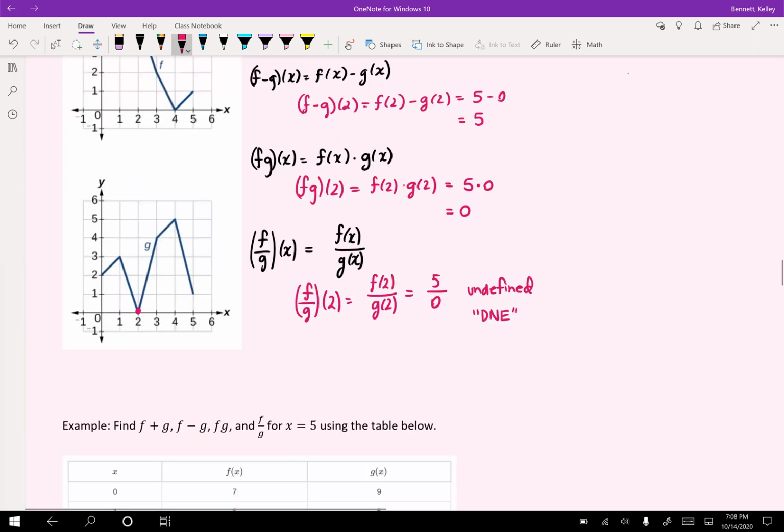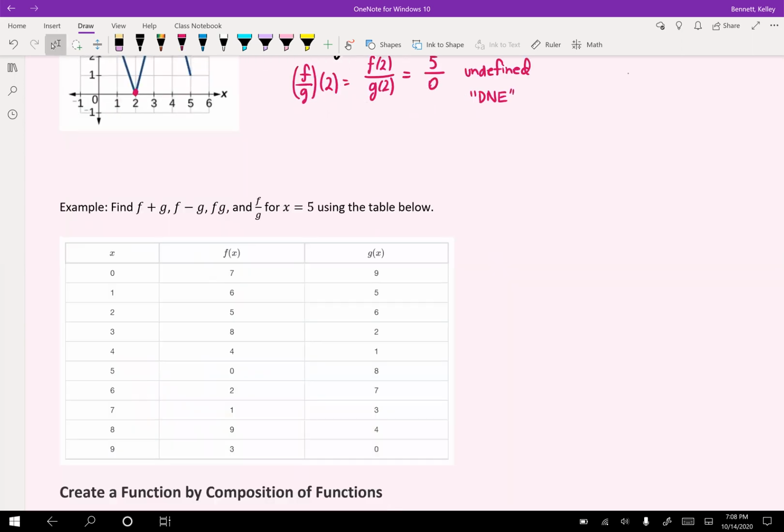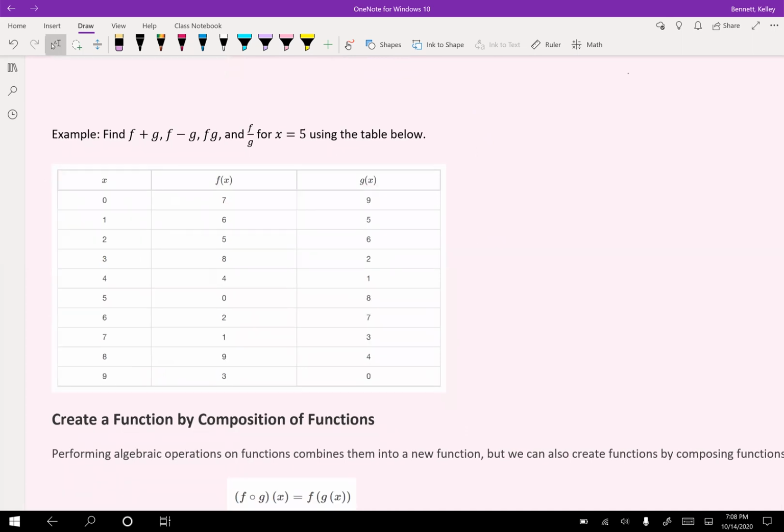Next, I want to use a table and do the same thing. I'm not going to write out what f plus g of x is for each one as I just did above. I'm just going to cut straight to it. So f plus g of 5, that's f of 5 plus g of 5.